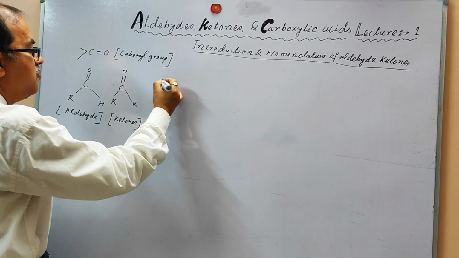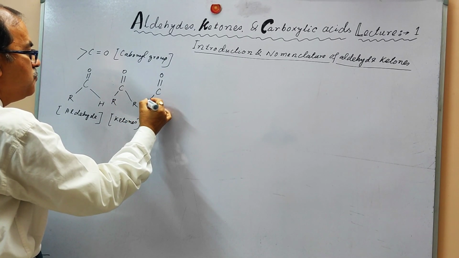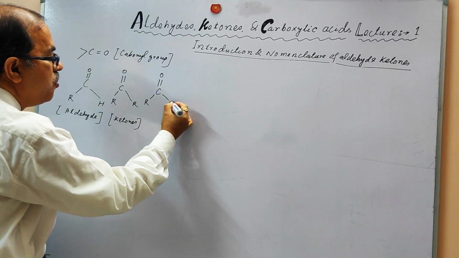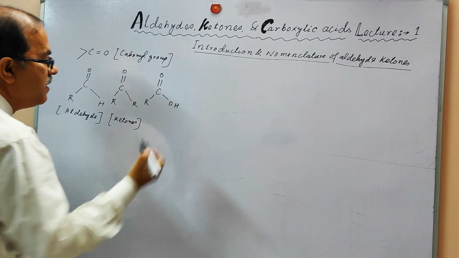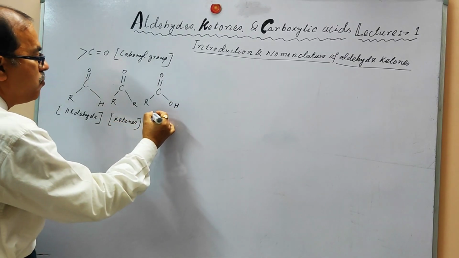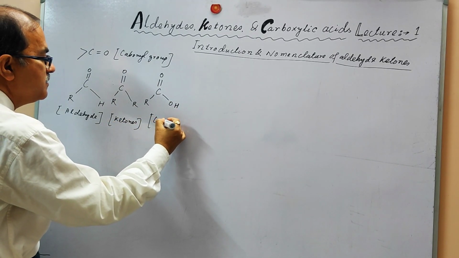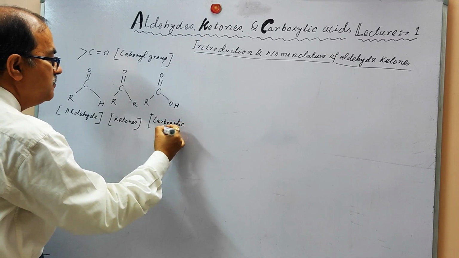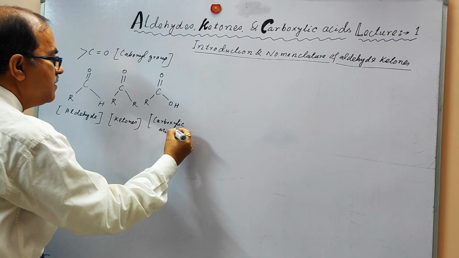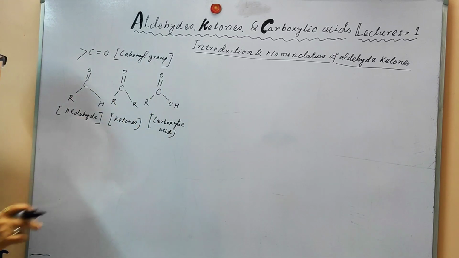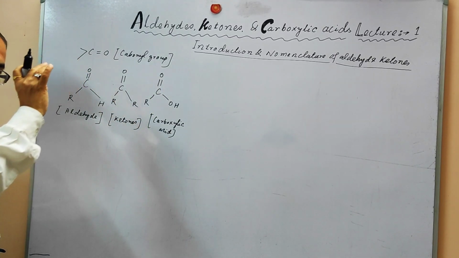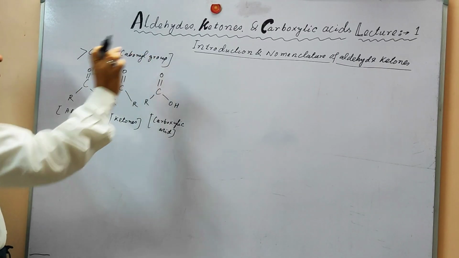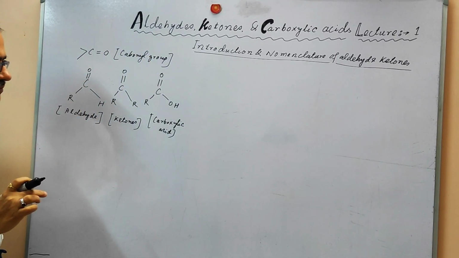When this carbonyl group is joined to a carbon atom and also an oxygen atom and hydrogen atom, we will call it a carboxylic acid. So we can observe that all three compounds have a very common thing, that is the carbon-oxygen double bond, which we call the carbonyl group.